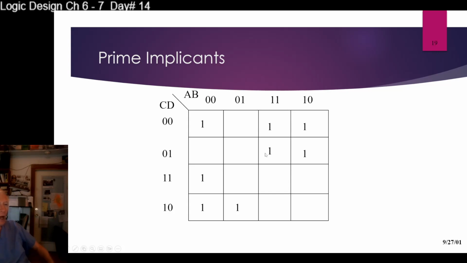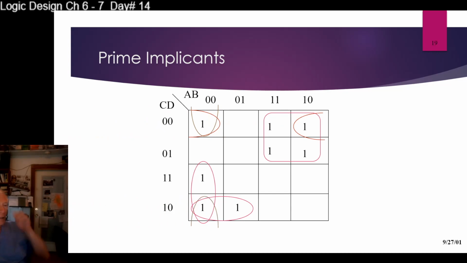So most people obviously see this group of 4. And then most people see that group of 2 and that group of 2. But what other ones exist? Well, there's a wraparound group like that, and there's also a wraparound group like that.